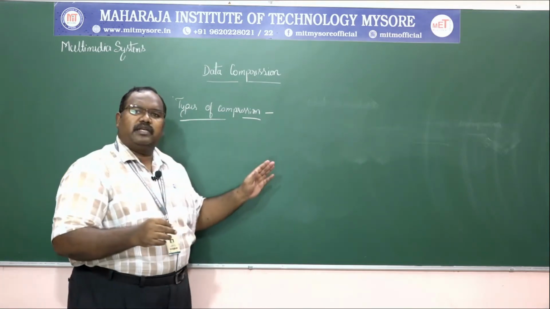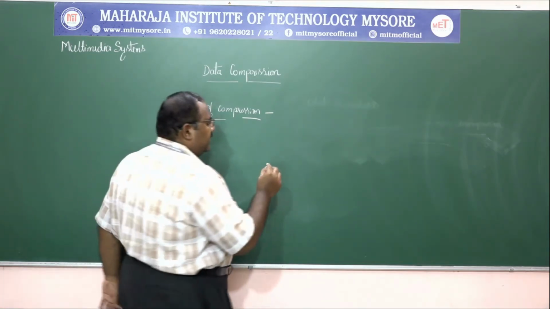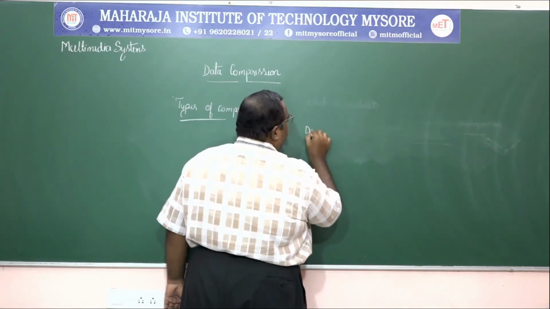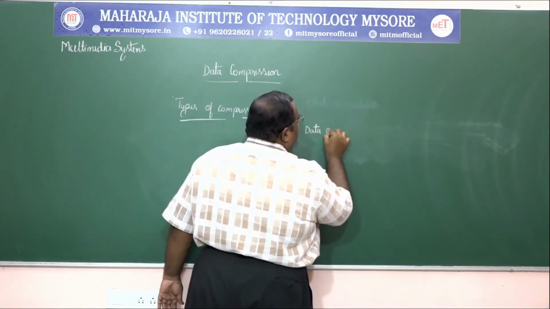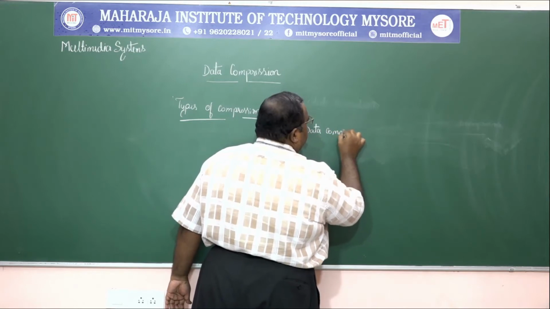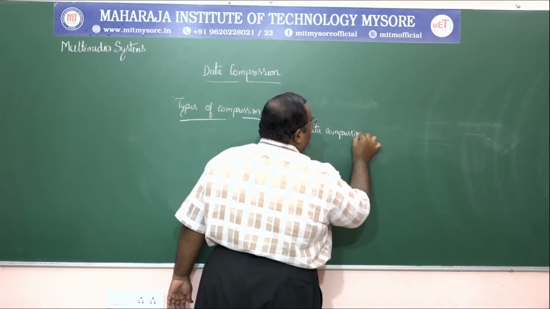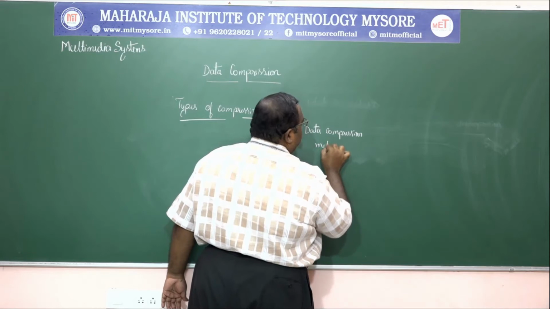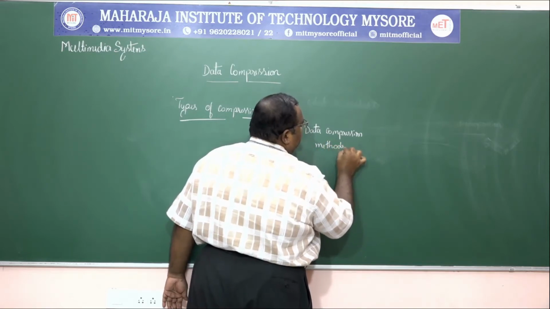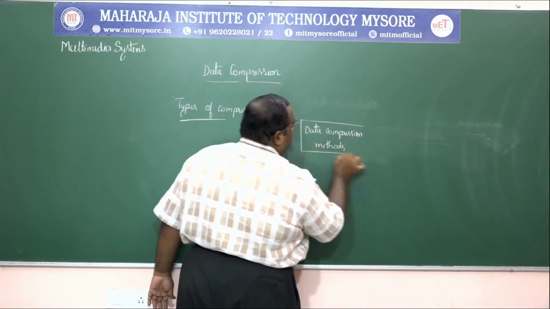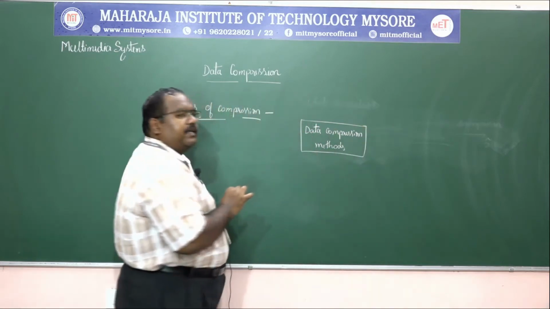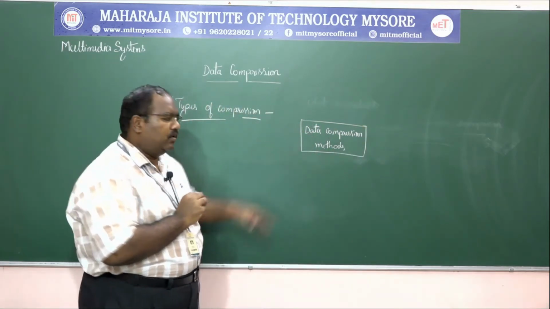Let us represent it with the help of a diagram. This is data compression methods. Data compression methods are broadly classified into two.